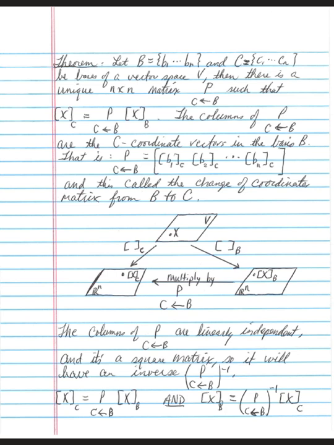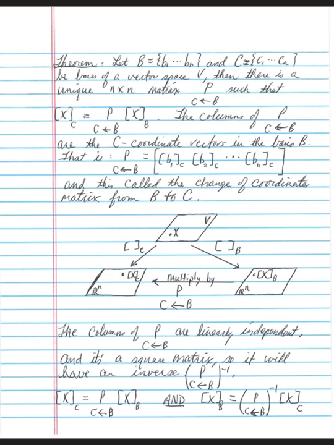It's called a change of coordinates matrix, but it's going to let us change base B to base C, such that, and here's an equation to remember for later, the C coordinate vector is going to be equal to this change of coordinates matrix from B to C times your B coordinate vector.